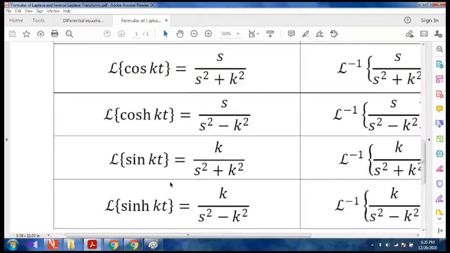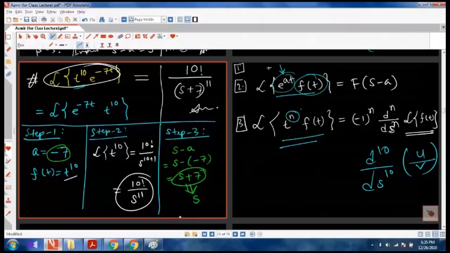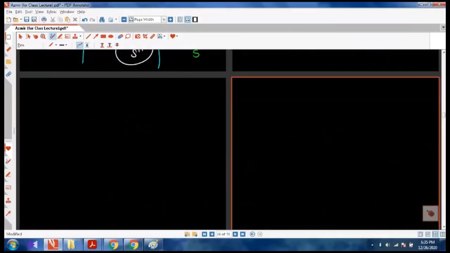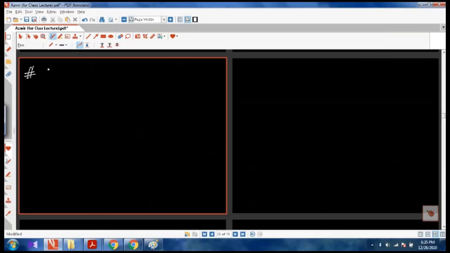So let's discuss now the third property. Property 3 is the multiplication by t power n property. Again, the process is the same.